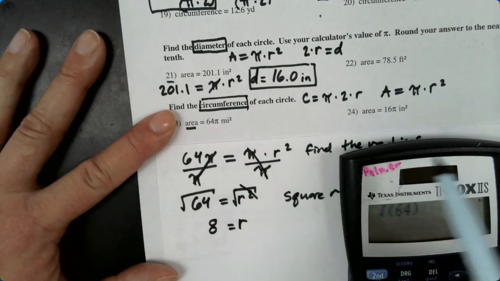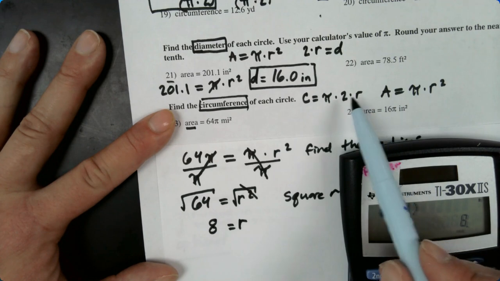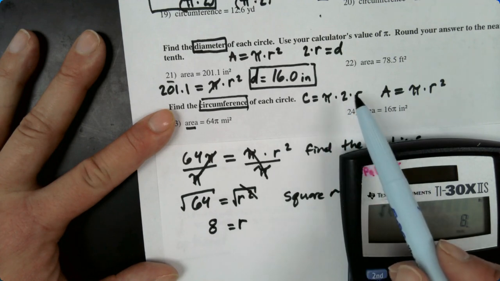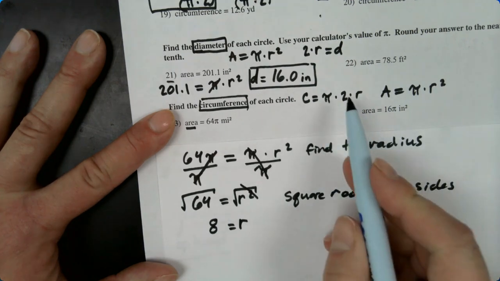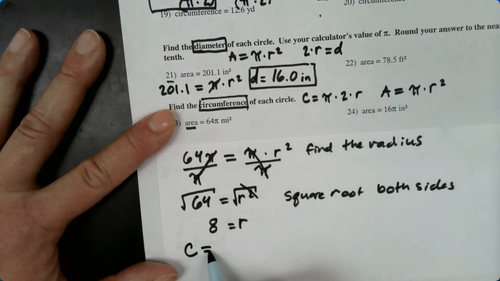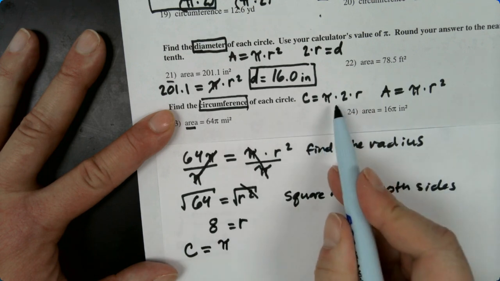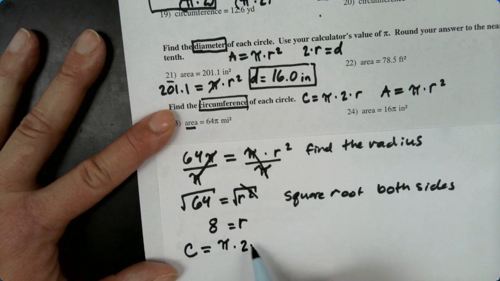So then we're going to put our radius in here to find the circumference. Our equation, circumference equals pi times 2 times the radius, and our radius is 8.